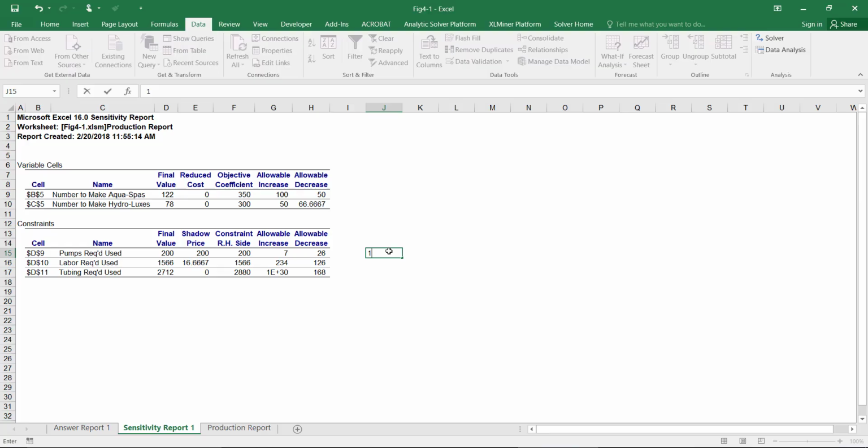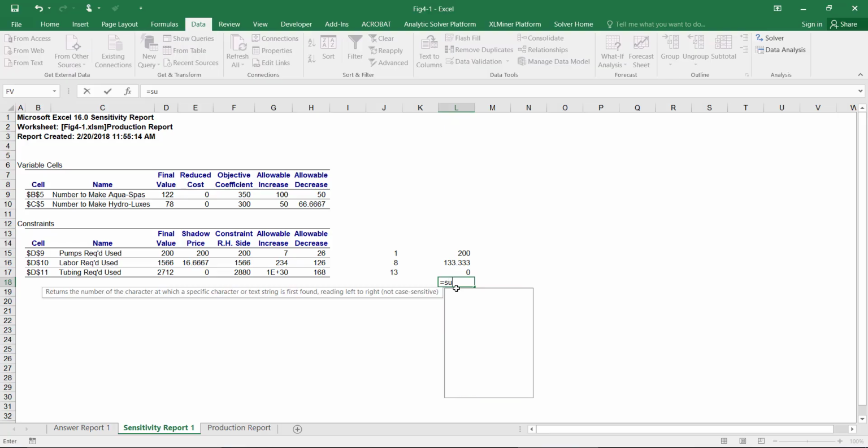So it's going to take 1 pump and 8 hours of the labor and 13 feet of tubing. So in this case, the cost associated with adding this new product is going to be 200 times 1 plus this times this. So basically the shadow price is going to give you the cost of adding a new product to this model.